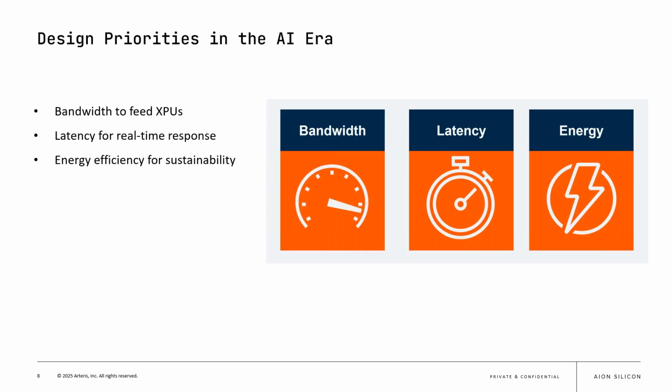Automotive, robotics, and edge systems can't really tolerate jitter. And energy efficiency has become a fundamental architectural constraint, because transformer models, as you mentioned previously, spend most of their power shuttling data across the chip. So these priorities all converge on the NoC, making its topology, physical alignment, and automation key to meeting power, performance, and area requirements as we see it.